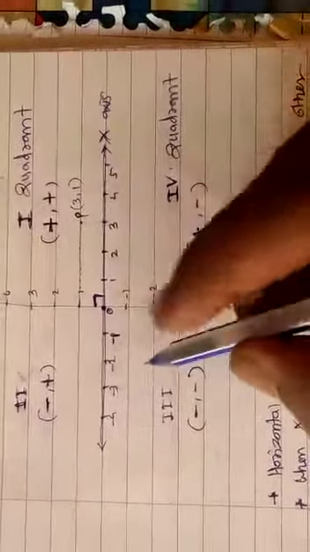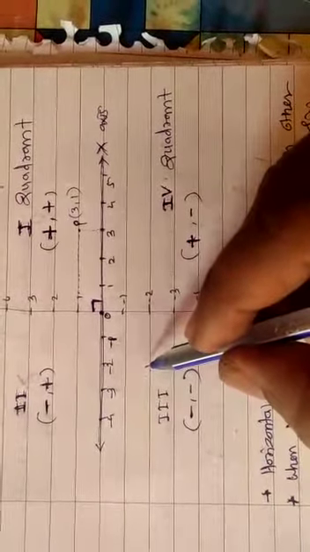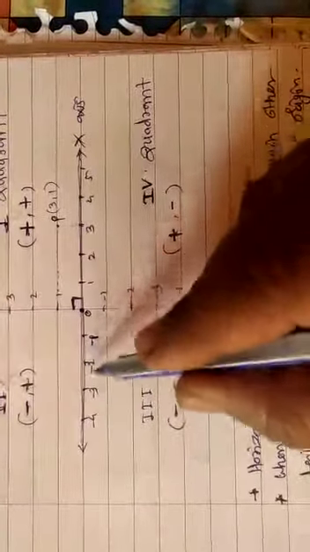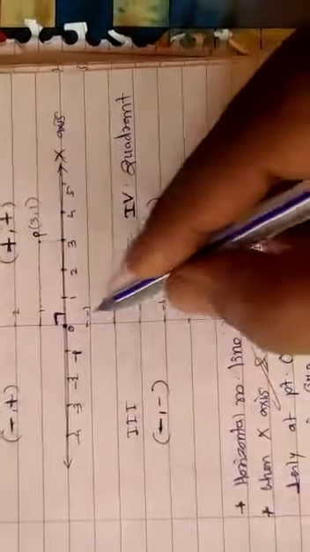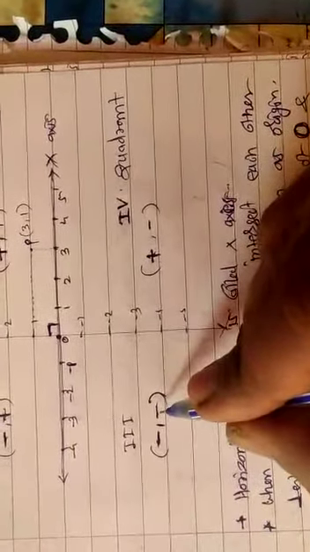Third quadrant: if this point P is present here in the third quadrant, what are the signs of the coordinates? The x-coordinate is negative, and the y-coordinate is also negative.